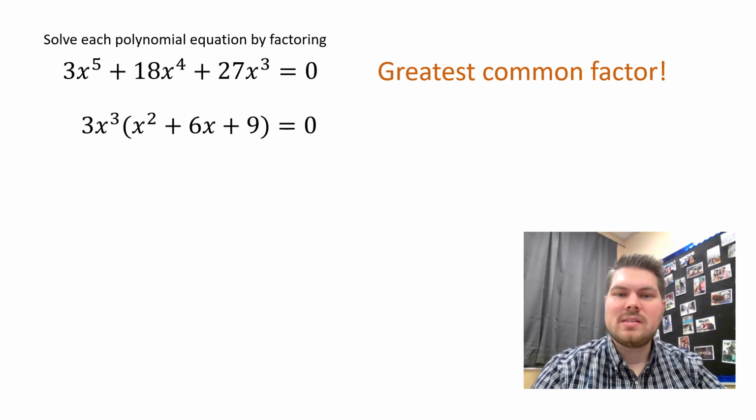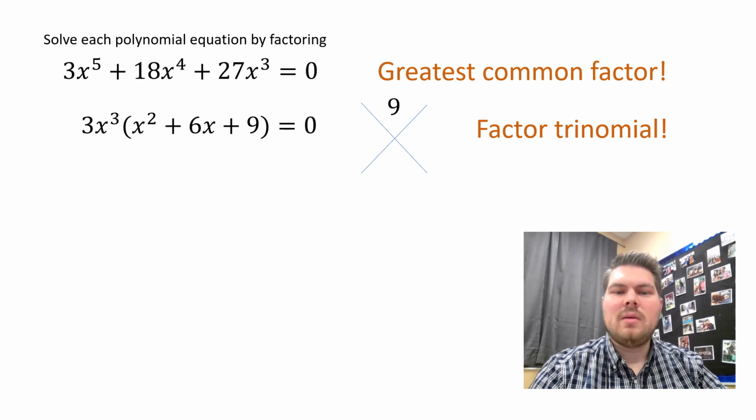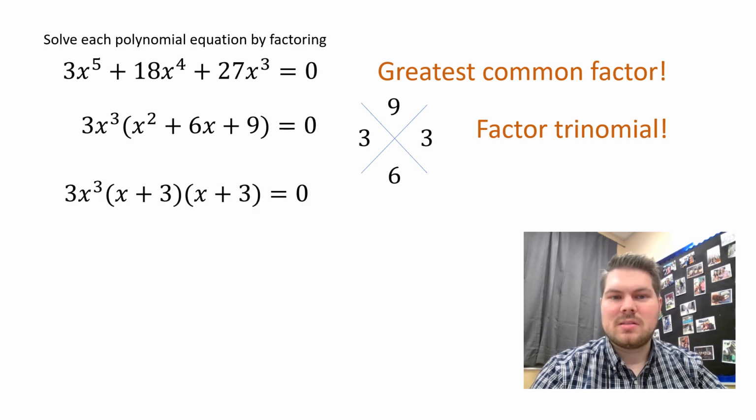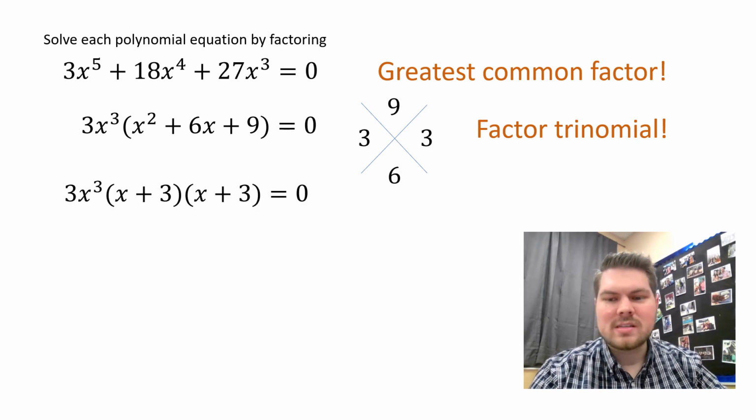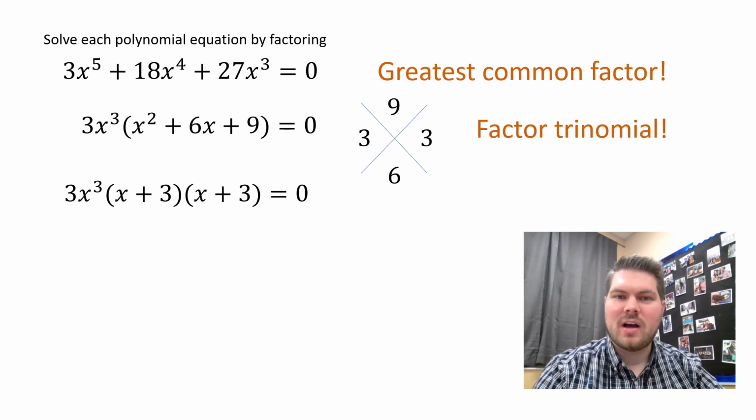Now to solve the rest of this, we're going to use our little x method, and we're going to find two numbers that multiply to be 9 and add to be 6. And you will get 3 and 3. So this is x plus 3 and x plus 3, or x plus 3 squared. Either one is fine.